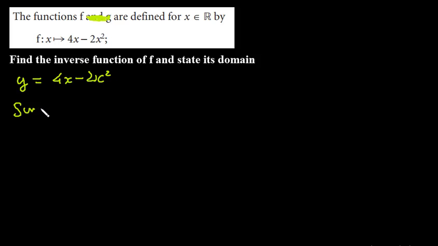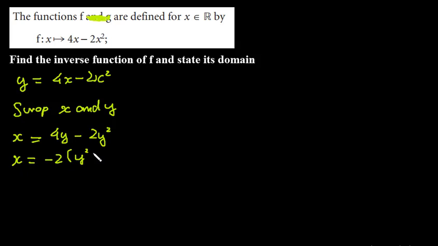First, we swap x and y. So we have x equals 4y minus 2y squared.